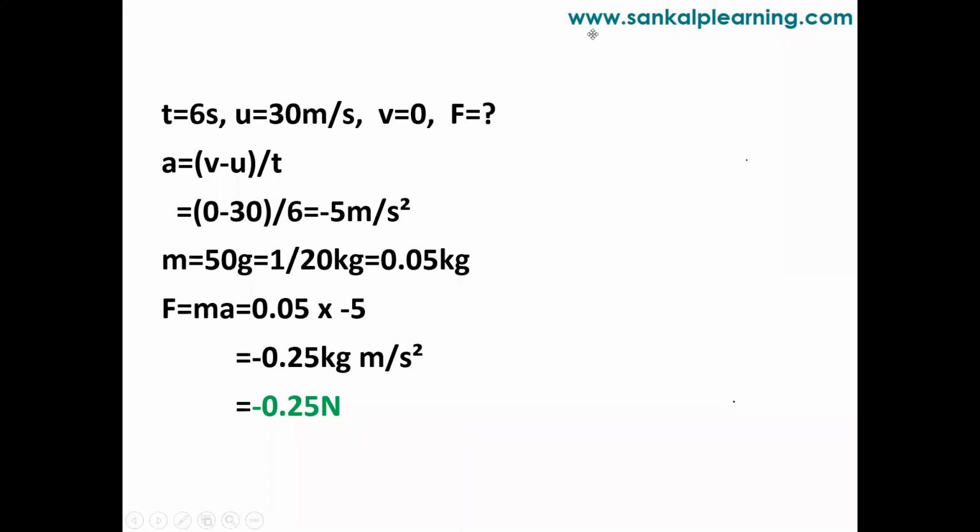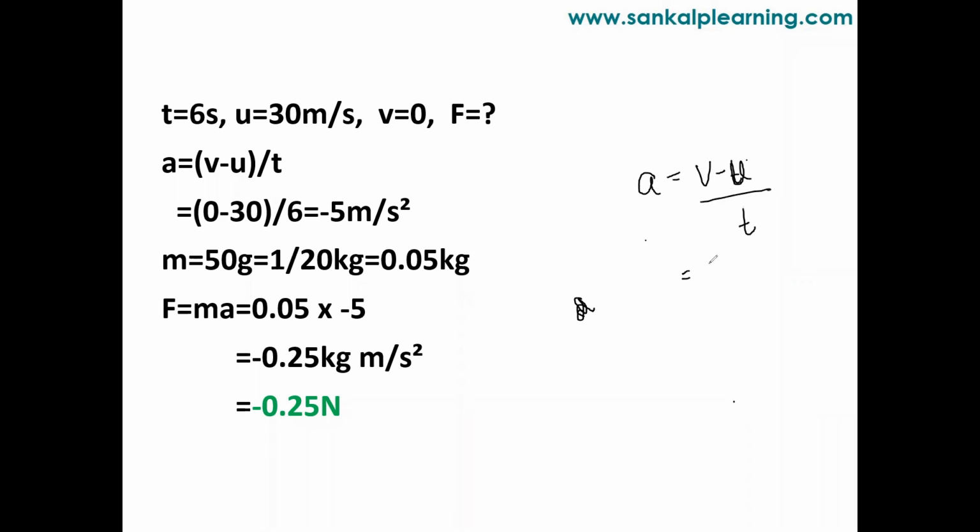We have the relation, that is force is equal to mass into acceleration, but acceleration value is not given. So to calculate acceleration, we have a formula. While discussing the chapter, I told you acceleration is written as change in velocity divided by time.